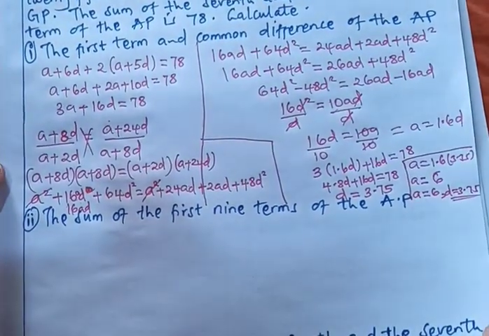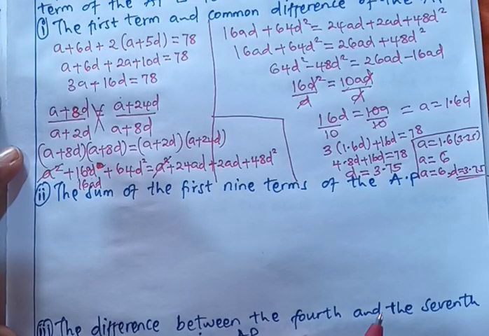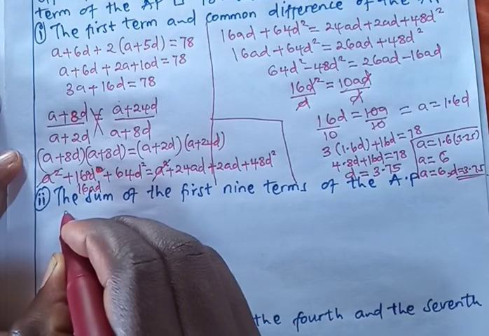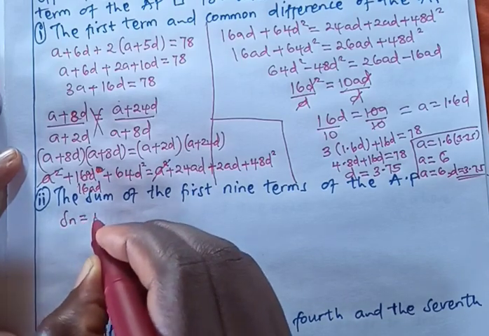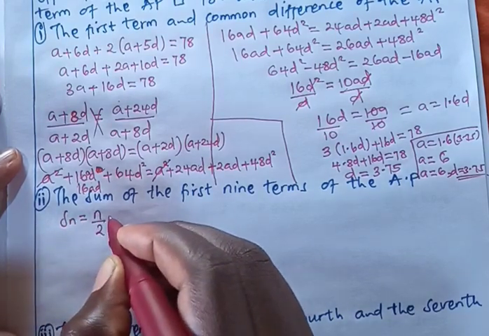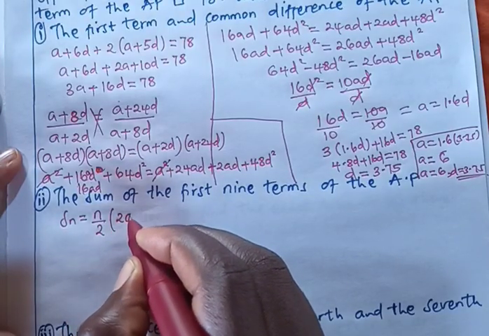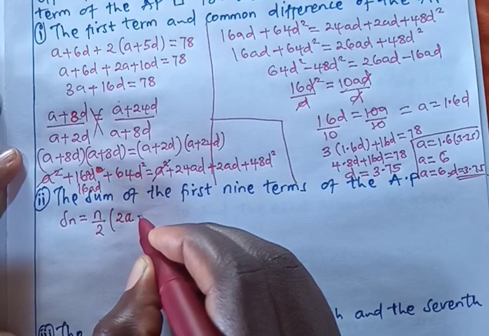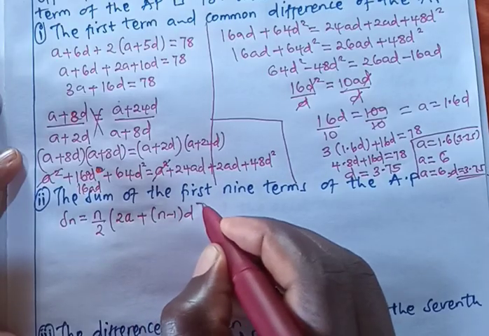Now the next part says work out the sum of the first 9 terms of the arithmetic progression. For us to be able to do that, we must write the formula. To get the sum, you need the number of terms n multiplied by 2a, where a is the first term, plus n minus 1 multiplied by the common difference.